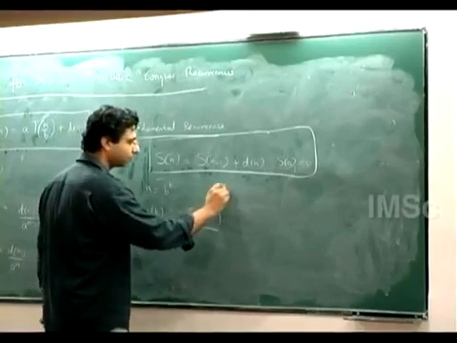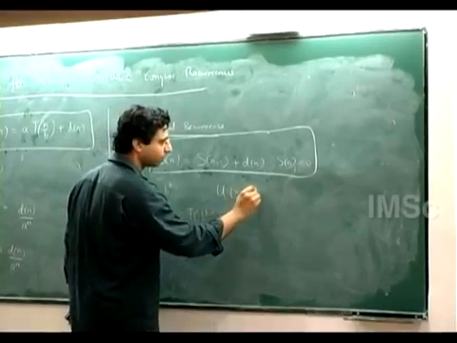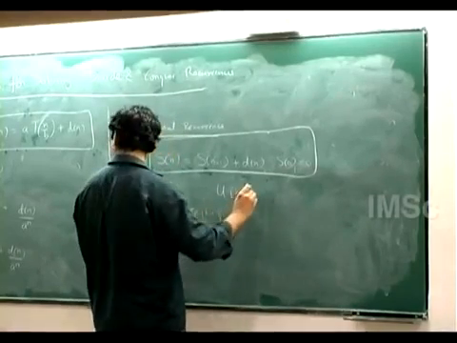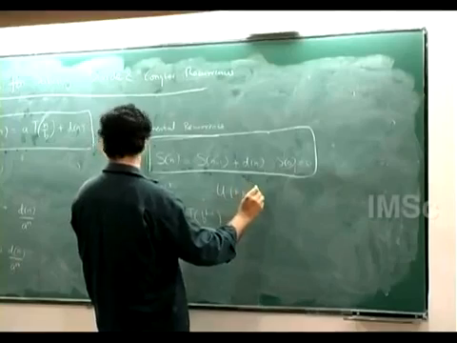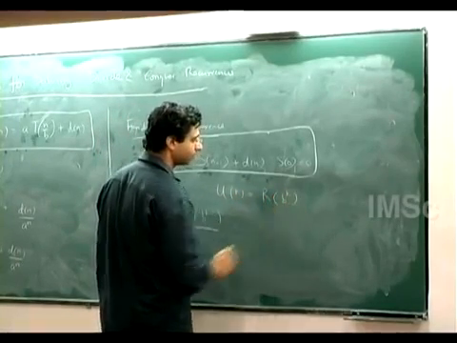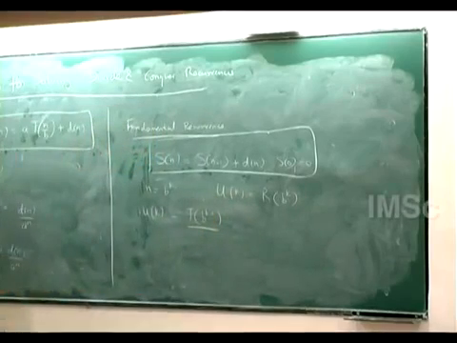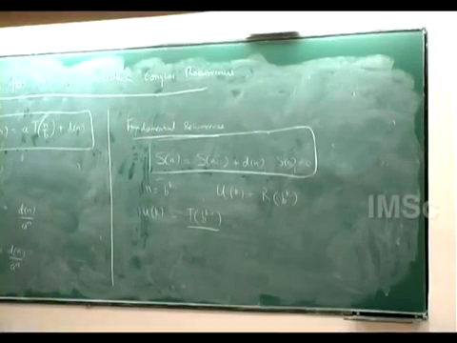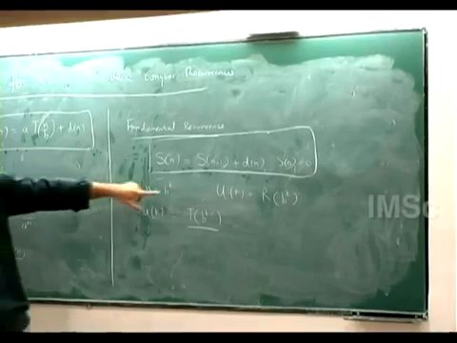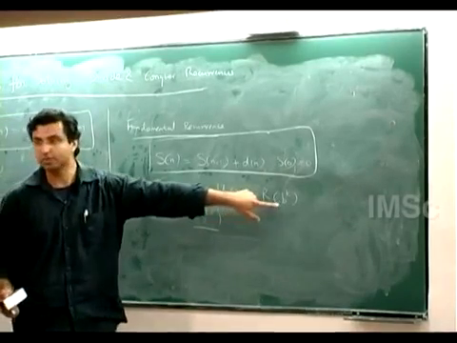So what I'm doing is defining U of k to be R of b raised to k.